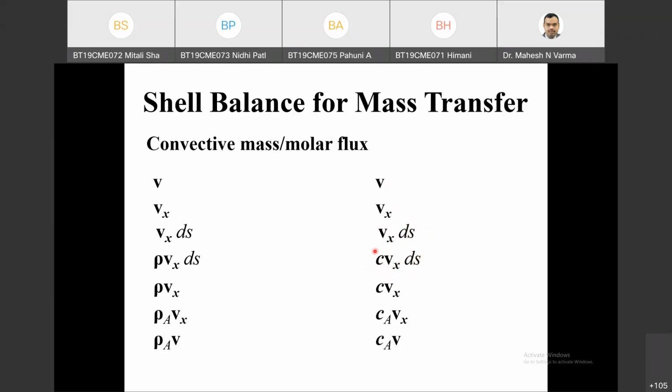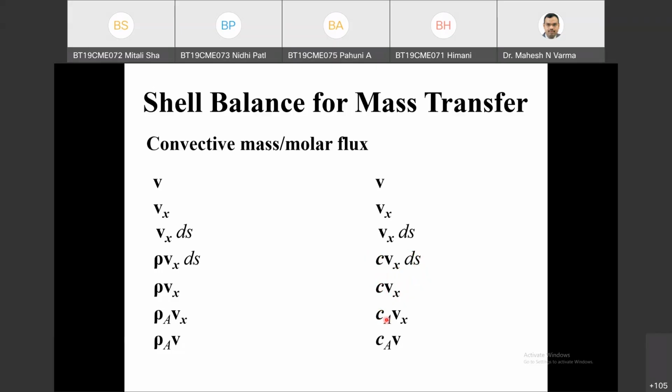This gives the total moles flowing in x direction per unit time per unit area, so this will be the molar flux in x direction.